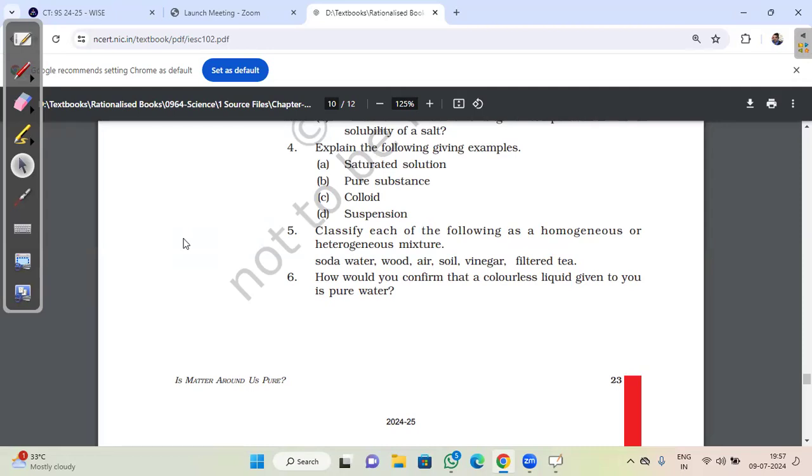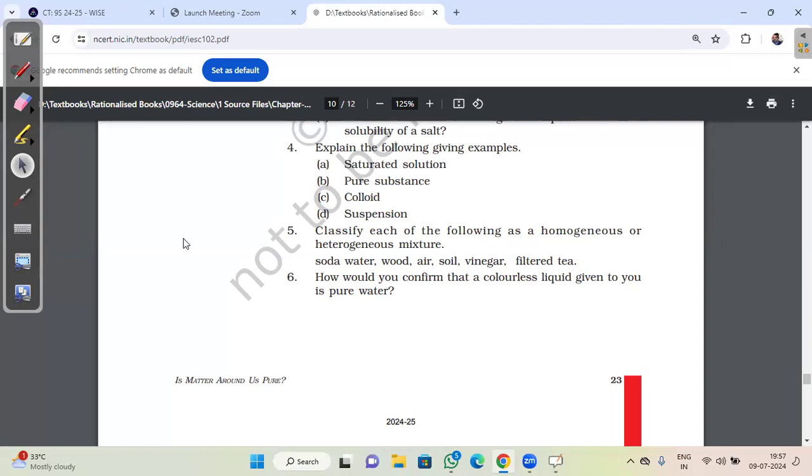We can test its boiling point and melting point. If it's pure, it will be constant.